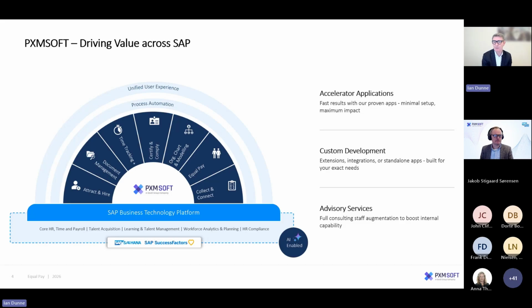Last but not least, we spend a lot of time working with clients, providing advisory services around equal pay. That will be around the core data, around salary structures, around grading, and around doing all the prep and background work. We'll talk a little bit about that as we move further through the presentation.